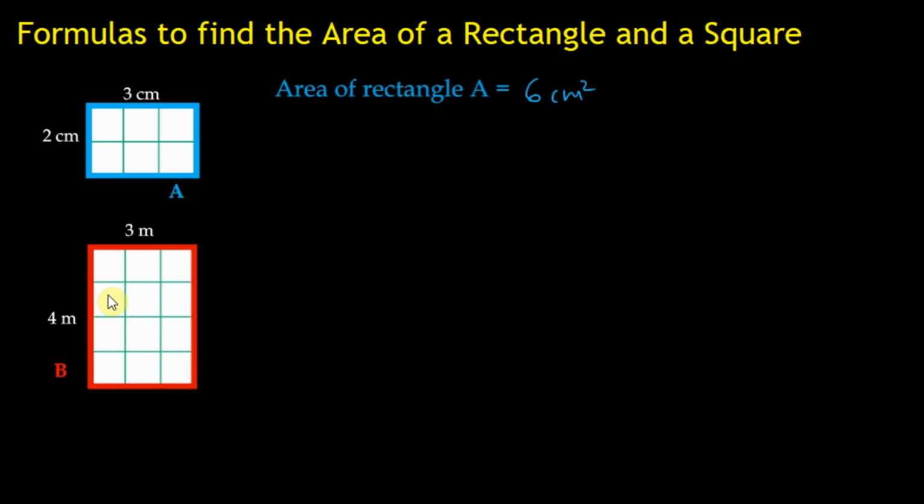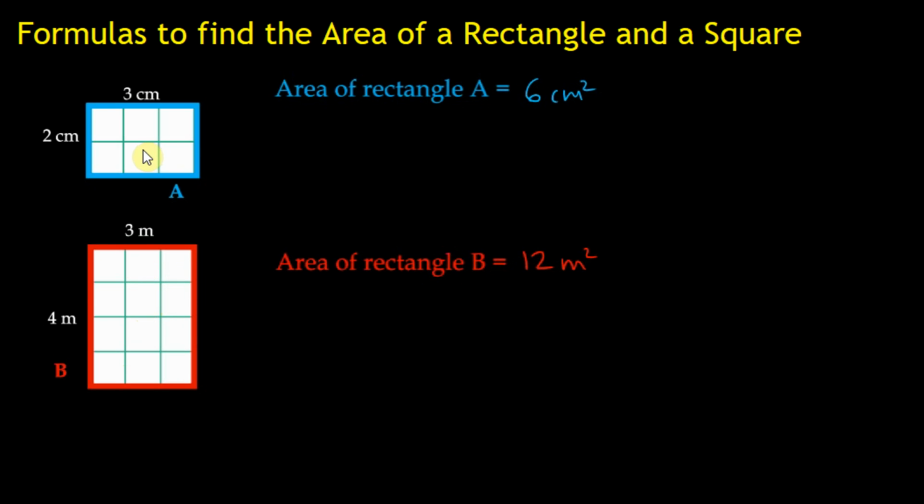So there are 1, 2, 3, 4, 5, 6, 7, 8, 9, 10, 11 and 12 grid squares of 1 square meter inside rectangle B. Hence its area is 12 square meters and we write it as 12 meter square.